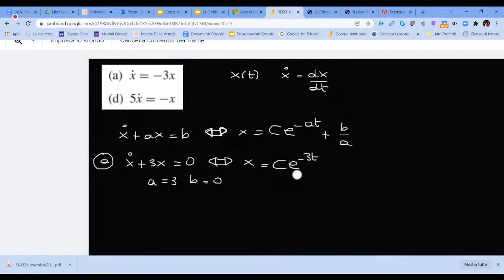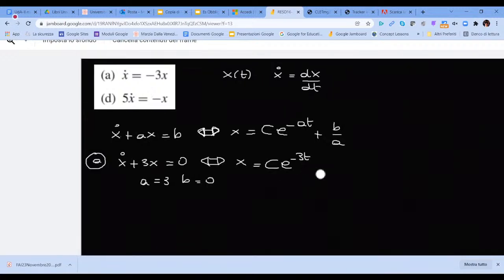So, how does this expression affect the solution of this differential equation? The steady state is stable, because c is some constant, of course.